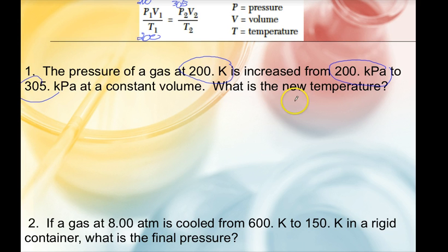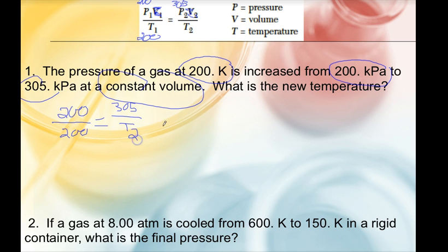Now you're saying, well, wait a minute, something's missing. Yeah, notice it says constant volume. If it says constant volume, that means you do not need volume. So really what you have is 200 over 200, which is obviously 1, and equals 305 over T2. Okay, and then what you would do is you would cross multiply.